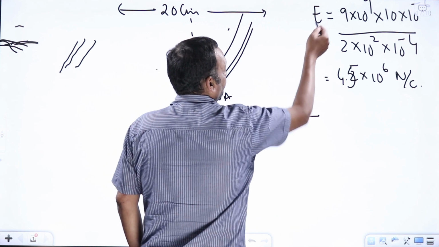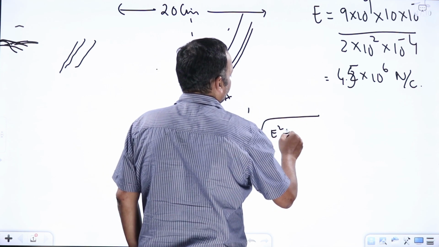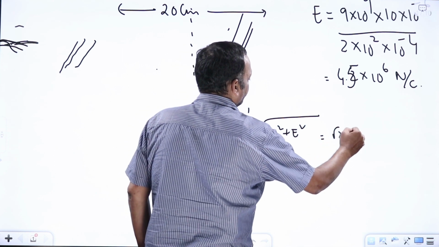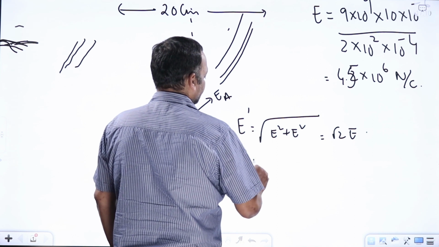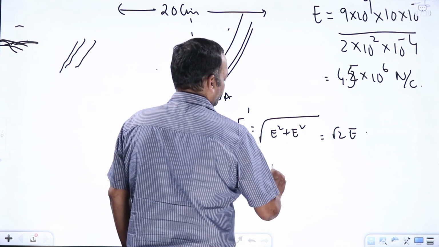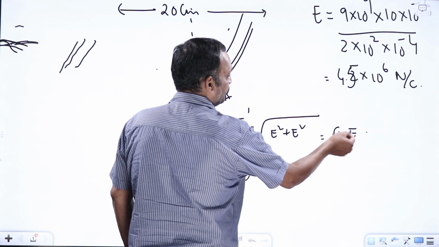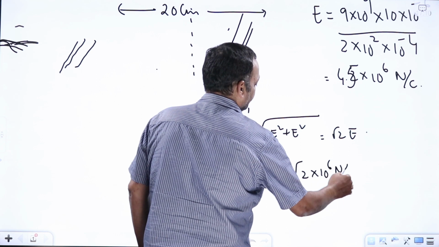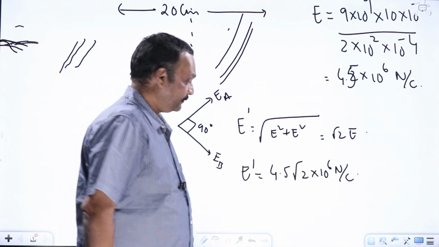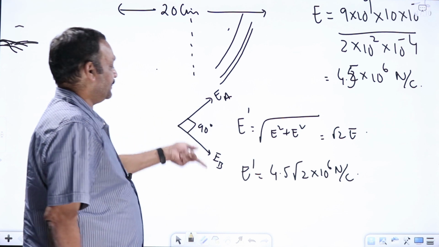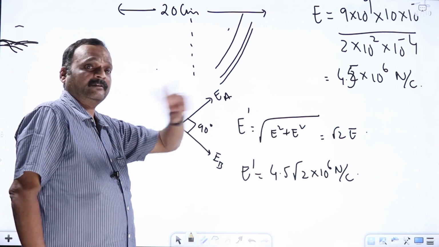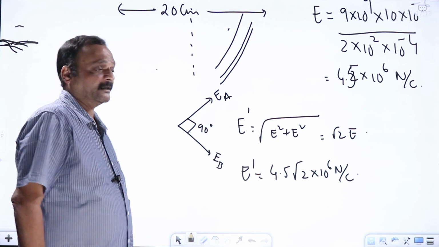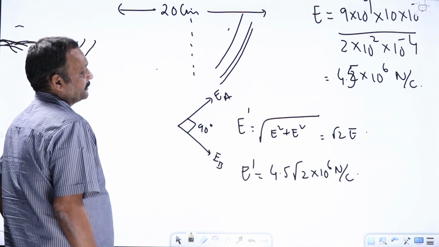EA equal to EB equal to E, so it's simply E square plus E square, which is root 2 into E. Therefore, the resultant electric field E dash equals 4.5 root 2 into 10 to the power 6 Newton per Coulomb. This is the resultant electric field. Directly I have used the formula with theta equal to 90. So for two perpendicular vectors, the resultant is nothing but E1 square plus E2 square, that's how root 2 E. Otherwise, you can resolve this into two components also.